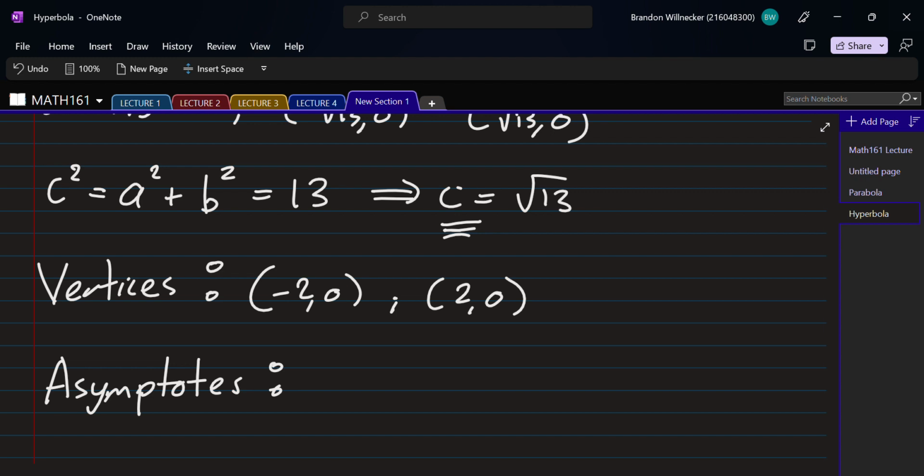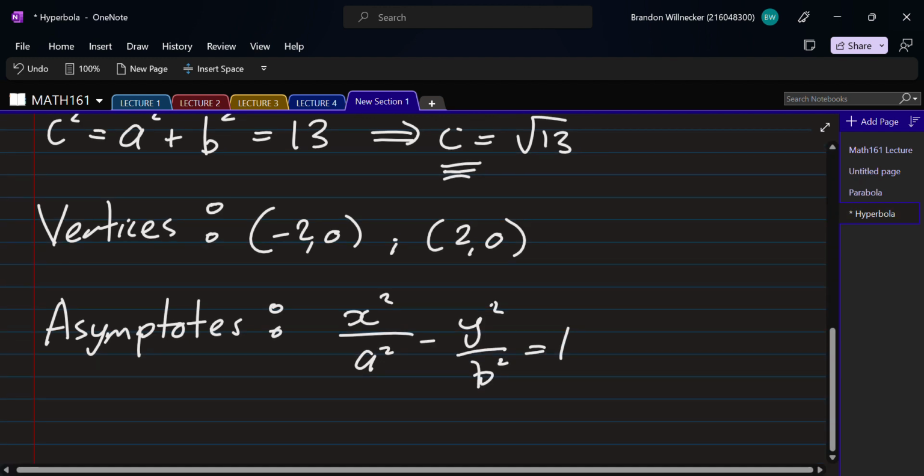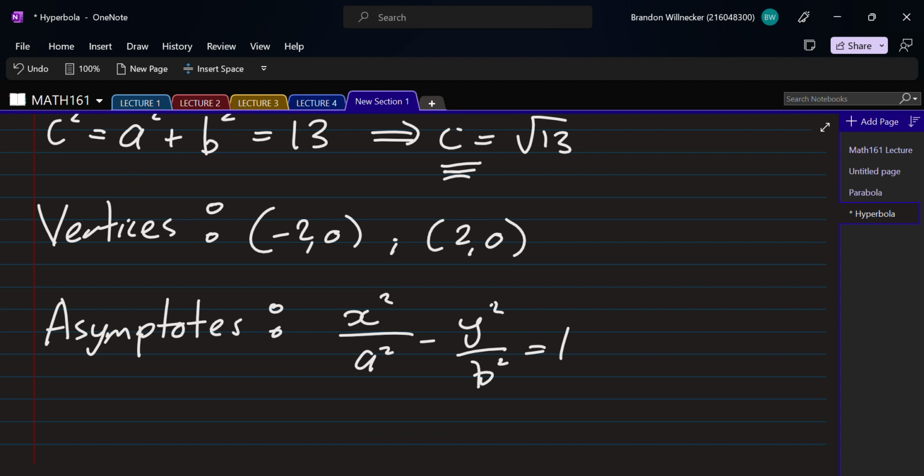Let's say we have x squared over a squared minus y squared over b squared is equal to 1, and we want to find the asymptotes. Remember, the asymptotes are those two straight lines which the arms of the hyperbola approach at infinity. So as x goes to infinity or minus infinity, those two arms will approach the asymptote lines.